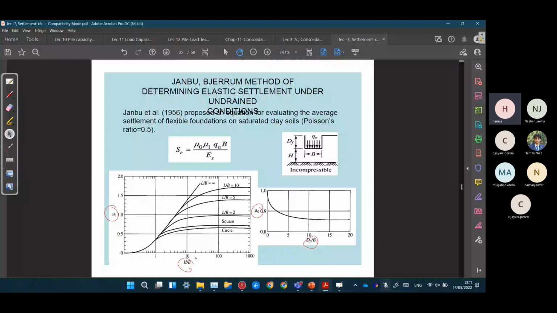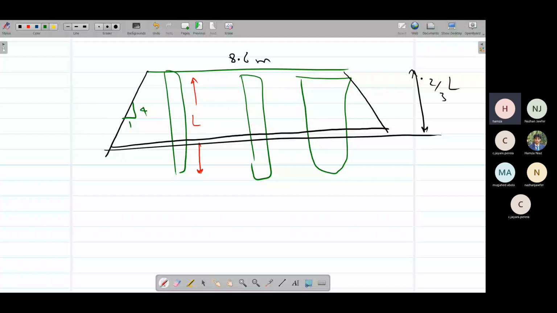Just go through these 2-3 pages, the first page and the second page. They have explained all this: up till this 2/3 of length, the load would vary at 1:4, one horizontal and 4 vertical. And below this, the load would vary at the slope of 1 horizontal and 2 vertical.